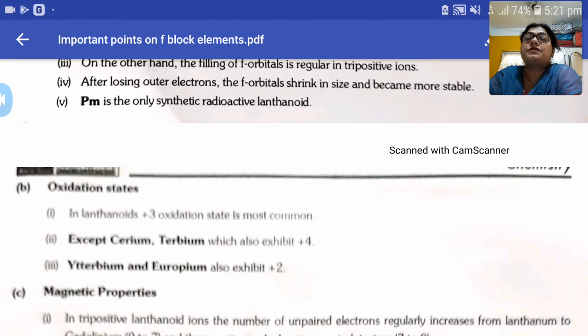Let us go to the oxidation states. Here you will find oxidation states +2, +4 and +3, but +3 is the most common oxidation state. Cerium and terbium also show an oxidation state of +4, and ytterbium and europium also show an oxidation state of +2.